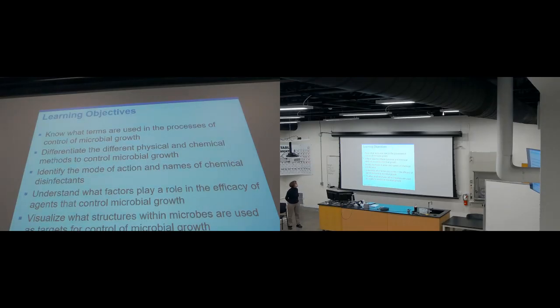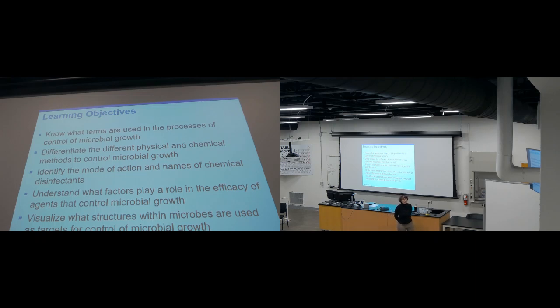So some things that we're going to learn today is what terms are used in the process of control of microbial growth. We are also going to differentiate physical and chemical methods that are used to control microbial growth. And then we are going to identify modes of action and names of common chemical disinfectants.